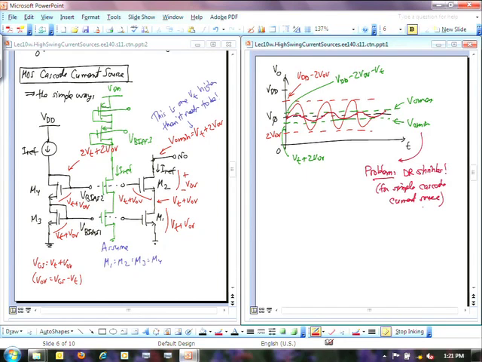Okay, so how bad is this problem? Let's put some numbers in this. Okay, so my V output min is Vt plus 2 overdrive voltages.